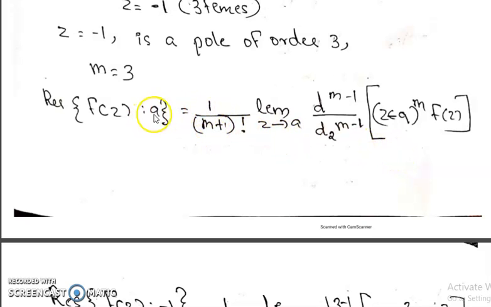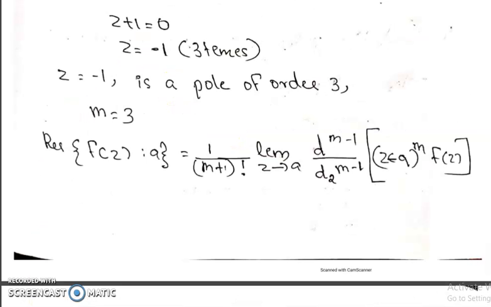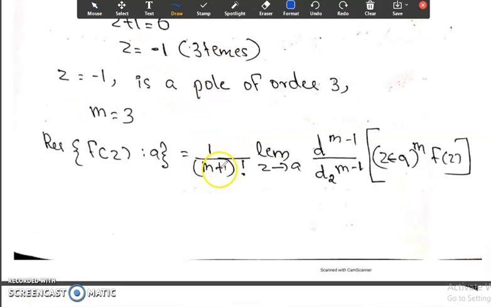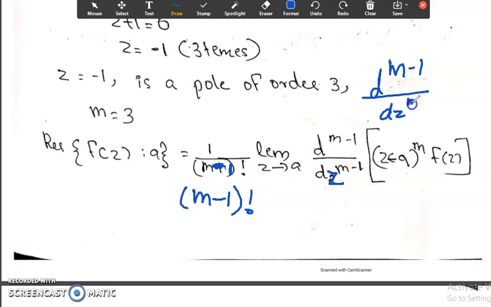Residue is 1 by (m minus 1) factorial, limit z tends to a, d power m minus 1 by dz power m minus 1, (z minus a) whole power m into f of z.